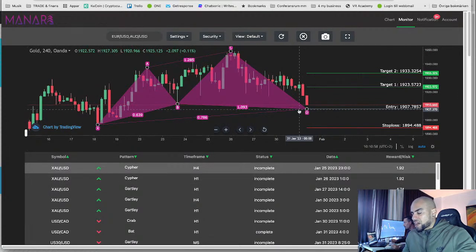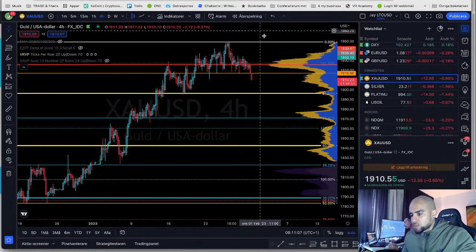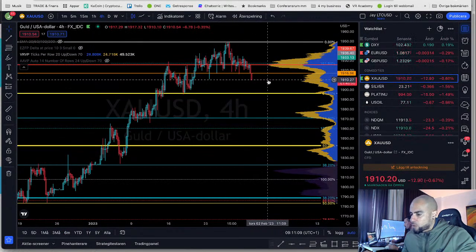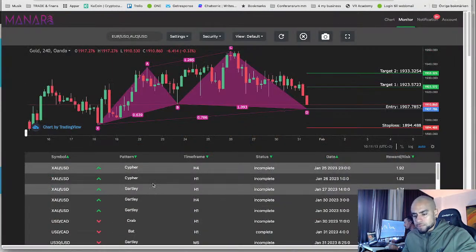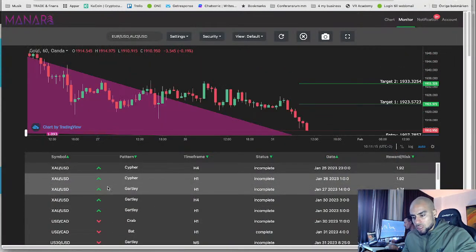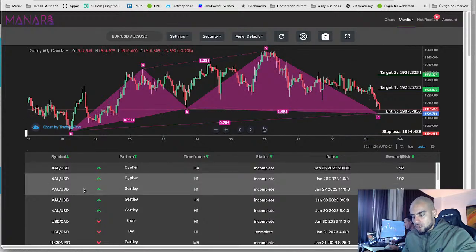If it comes down here, we got a very nice buy. I will double check that in TradingView to see if it confluences with my confirmations, but I know already now that I'm very positive to it because I've been keeping an eye on gold basically all the time. Let's look at this other one. This is another cipher on the 1-hourly time frame. Entry at about 107, 108. Gartley pattern.